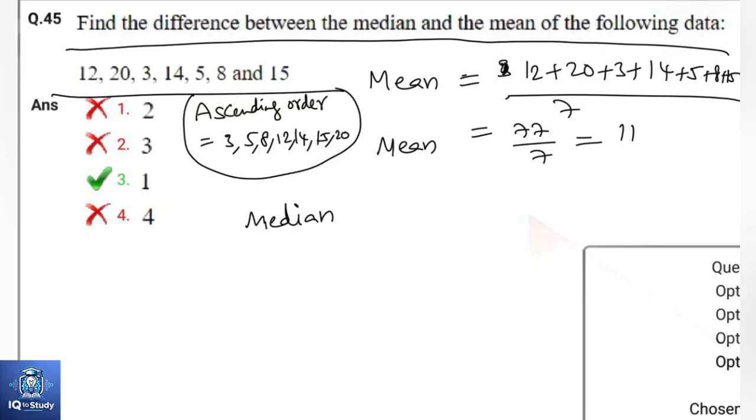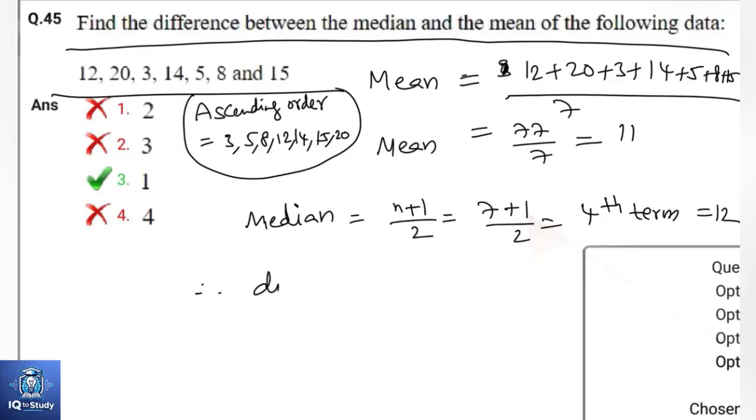So median is equal to (n plus 1) by 2, because n is odd. So (7 plus 1) by 2 is 4. So the fourth term is 12. So the difference is equal to 12 minus 11, that is equal to 1.